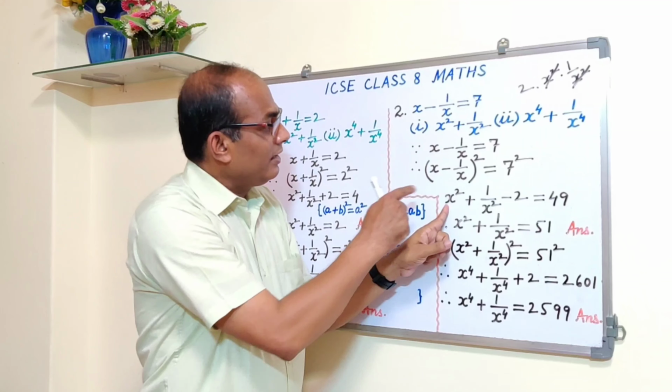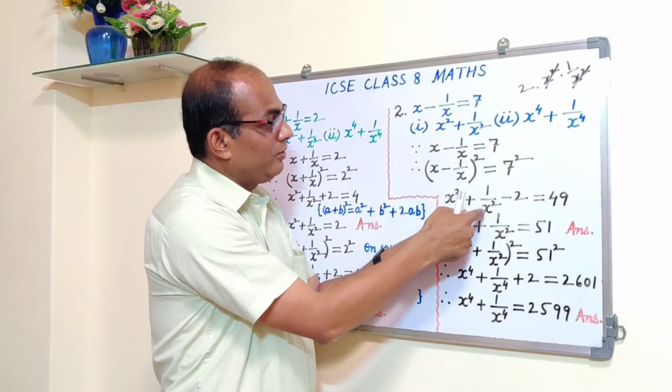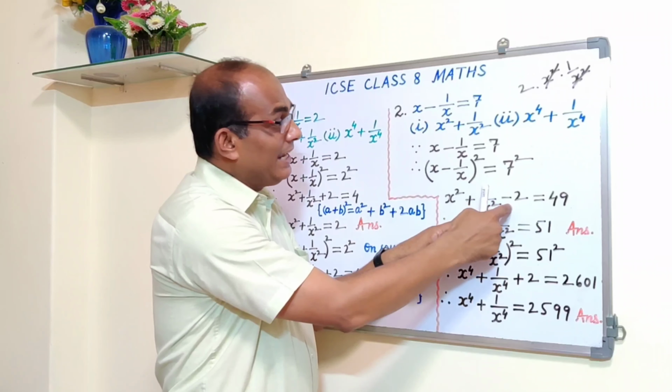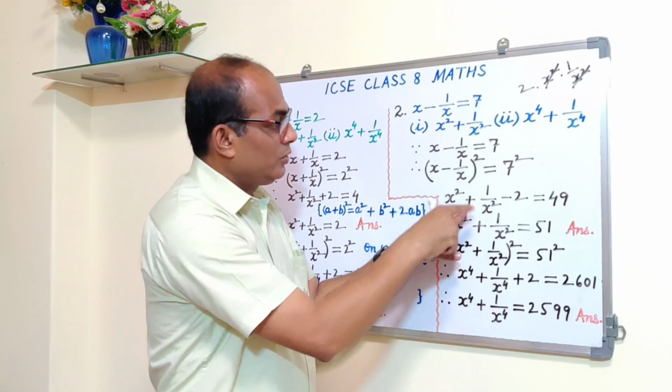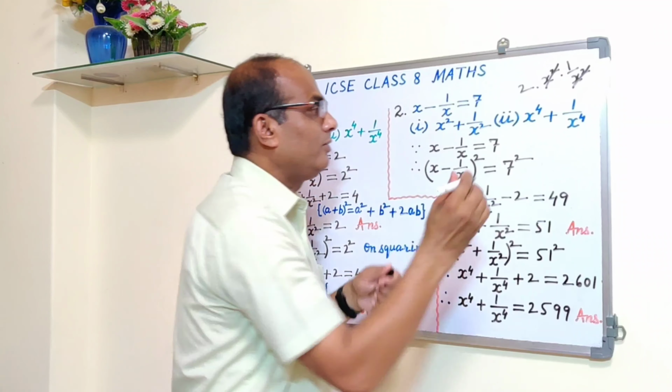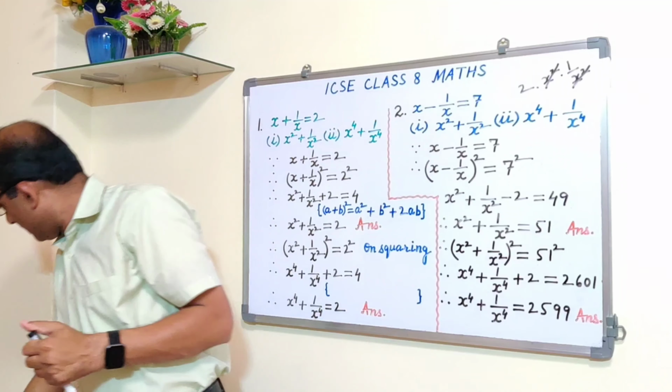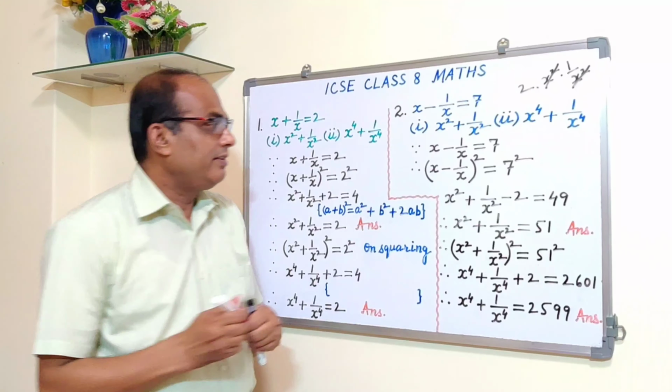So a square means x square, plus b square means 1 upon x square, minus 2ab. 2ab, as I told you, minus 2ab.